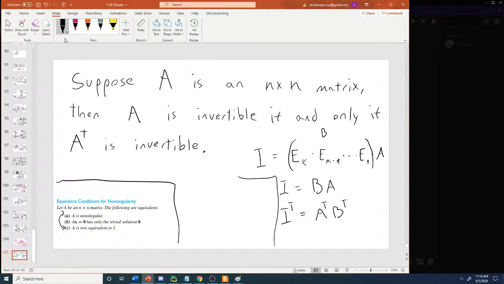But the fact we really use here is that I transpose is just equal to I.